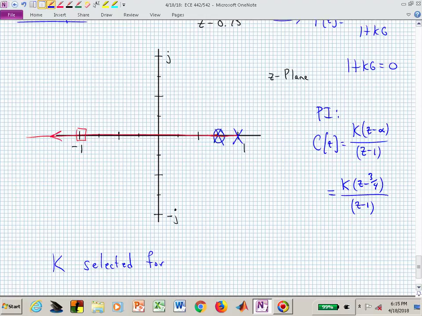How do I select K? What decision might I be thinking about in order to select K? DC gain. What is my DC gain now? If I calculated the DC gain of my controlled system, which would be, let's say I'm now calculating the DC gain of C of z, G of z, my loop gain, what's the DC gain of that?